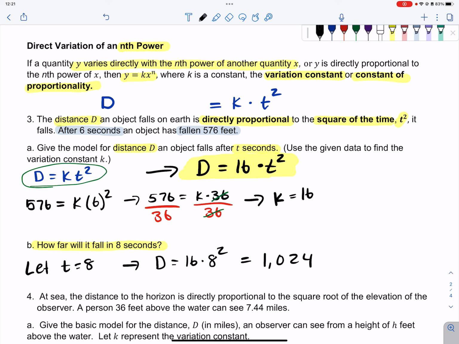Now we need our unit. This is our distance, so we go back to the unit we used for distance when evaluating k, which above was feet. So this is 1,024 feet.